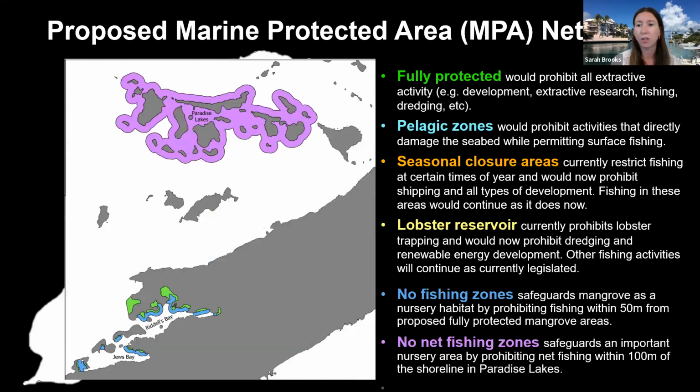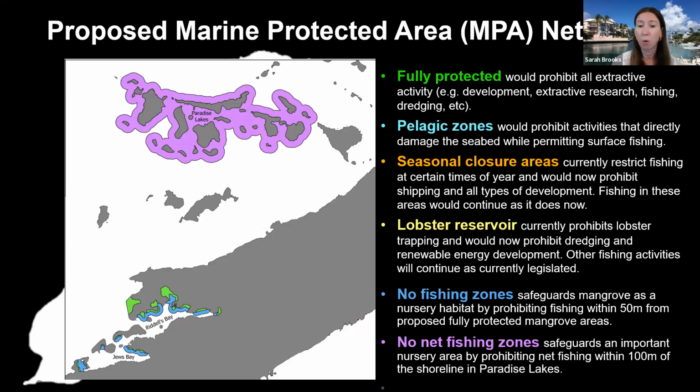And then another major component of these proposals is in the coastal protection plan. In this plan, you'll see fully protected areas, again proposed in green, and these cover key shoreline areas that protect important baitfish locations, seagrass areas, and mangrove habitat. You'll also notice areas in blue, and these are areas that are within 50 meters of established mangrove habitat.